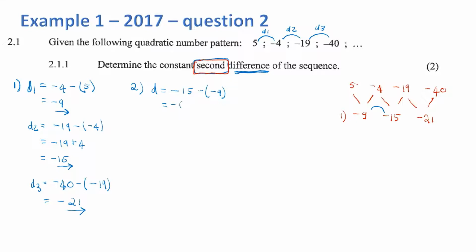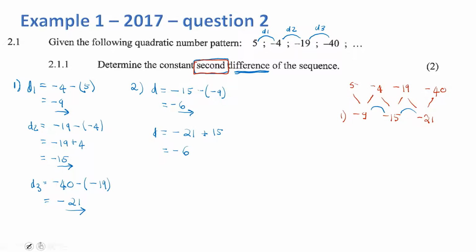It's minus 6. And ladies and gentlemen, the difference between the third term and the second term, that's minus 21 plus 15. That's also minus 6. Okay, cool.